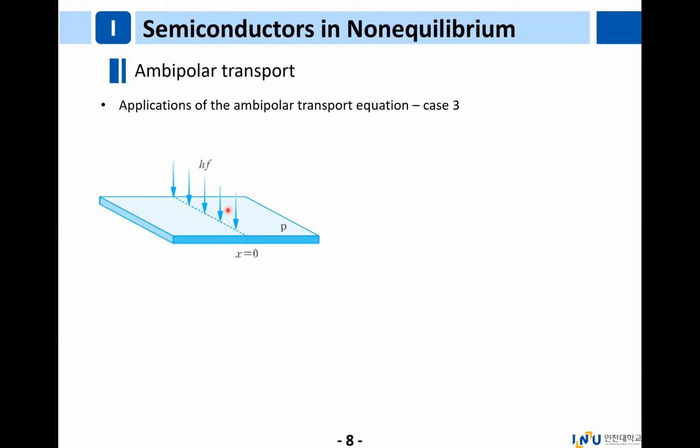Assuming that the semiconductor wafer is thin enough so that the concentration of excess carriers is uniform on the plane and the low-level injection condition is met, excess carriers generated at x equals 0 will diffuse.